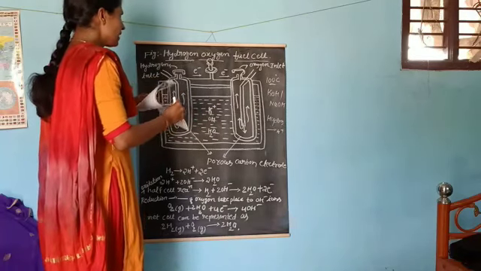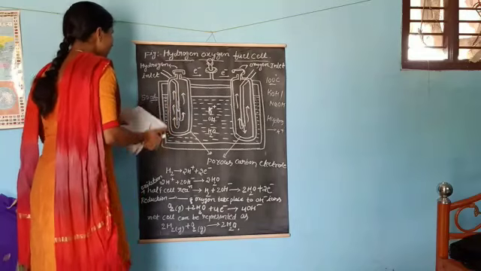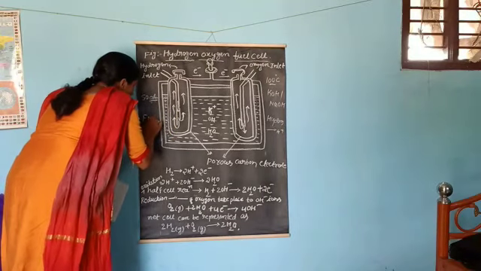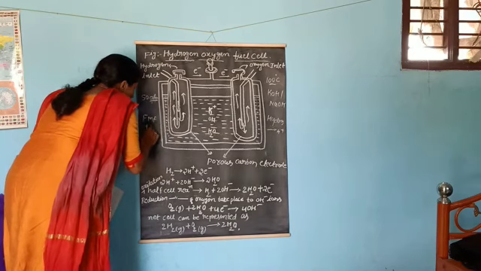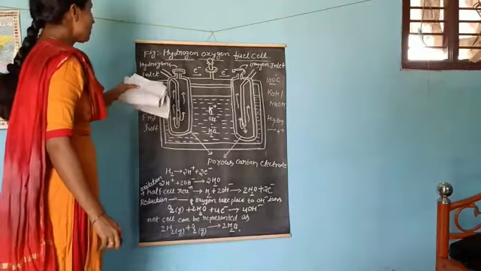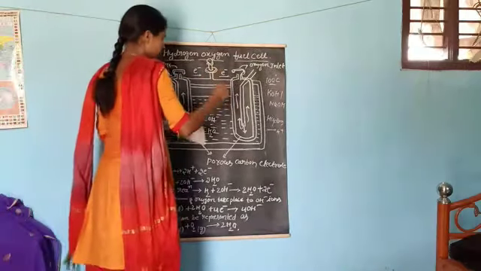The EMF of the cell is about 1 volt. The cell is operated at a temperature of about 100 degrees Celsius.